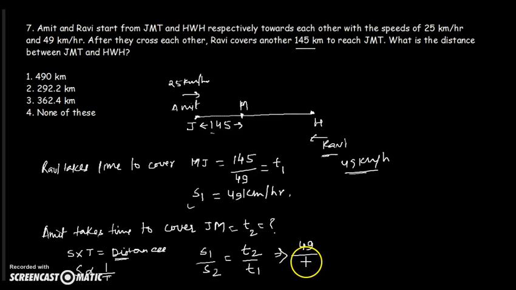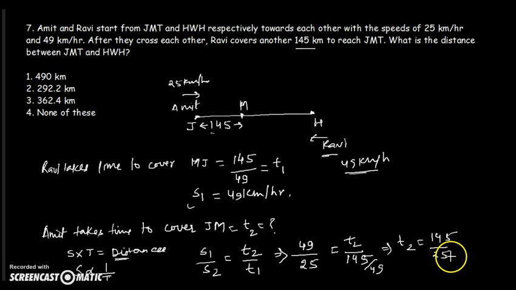S2 is 25, Amit's speed. T2 we have to calculate, and T1 we have assumed to be 145 by 49. So this 49 will get cancelled, and T2 will be 145 by 25. So we got the time T2.